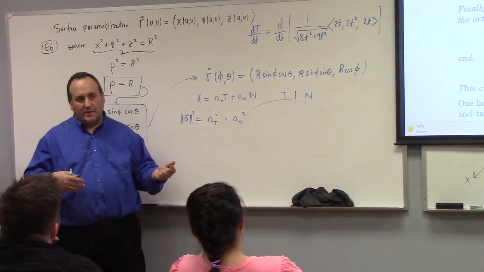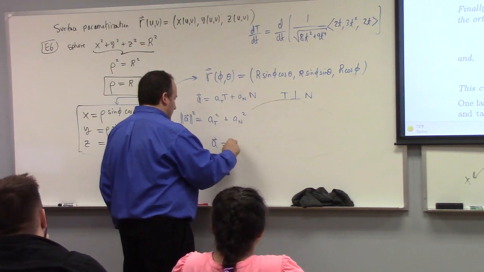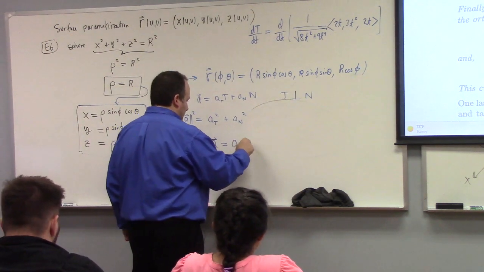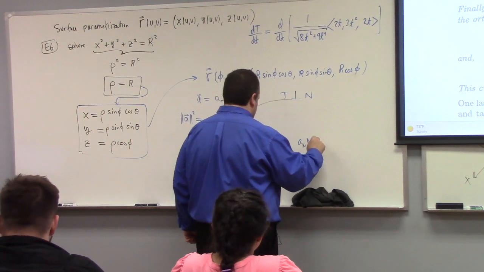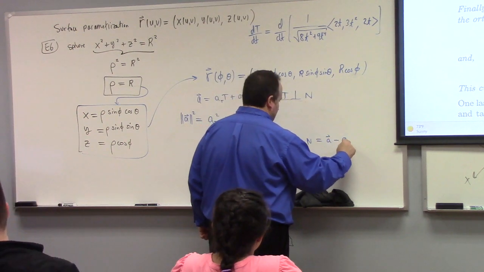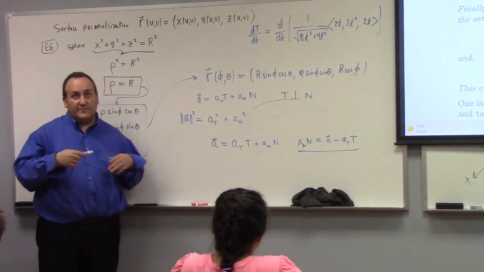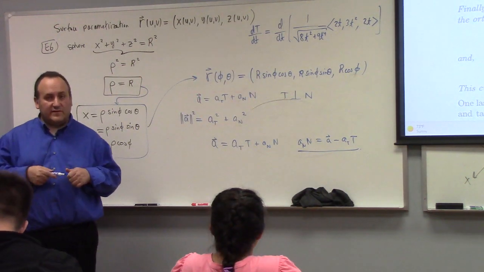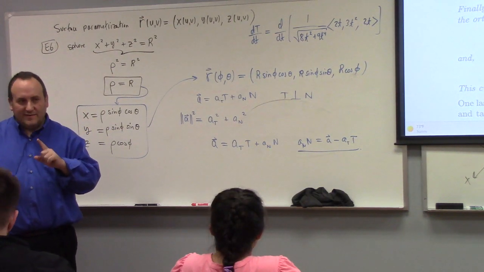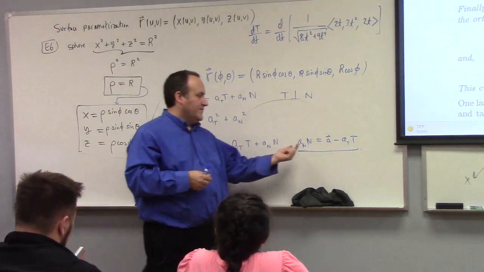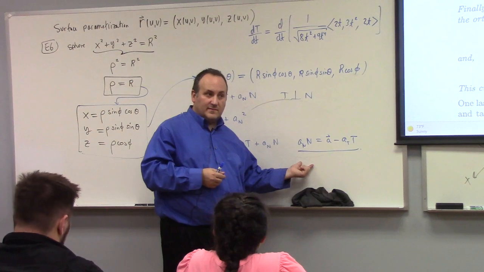So, of course, also kind of dumb, but the acceleration is equal to what? a_T T plus a_N N, right? So a_N N is equal to a minus a_T T. So if you're after the normal vector component of the acceleration, you don't actually need to find the normal vector, because you know that whatever's not tangent in the acceleration must be the normal piece.